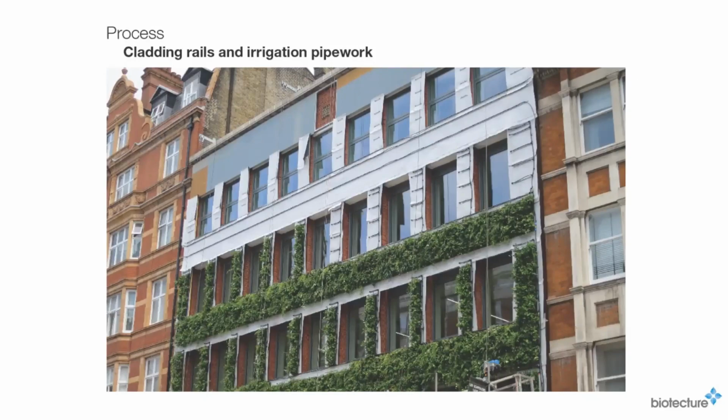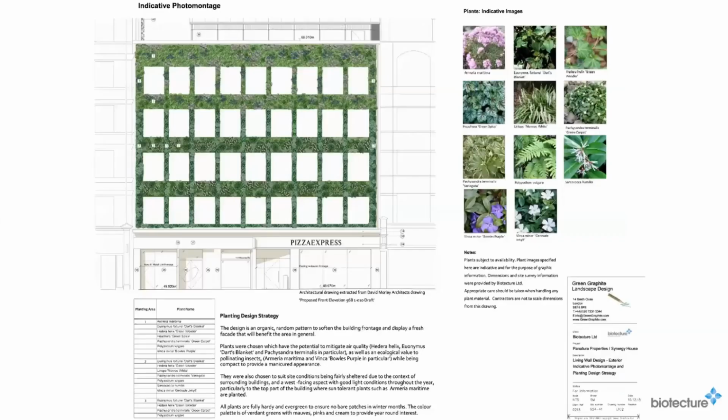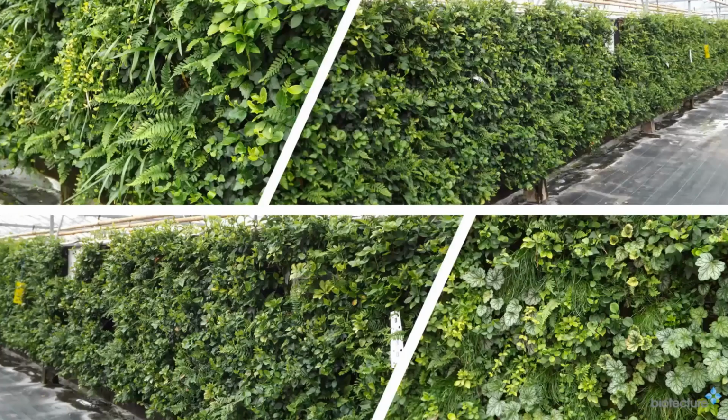And whilst all that's happening, we're going through the third element of the design, which is the planting design. In this project, this is a heavy bus road, heavy use of buses on Southampton Row. We designed plants for this wall that were deliberately there for air pollution reduction reasons. We then grow those plants in our nursery for two reasons.